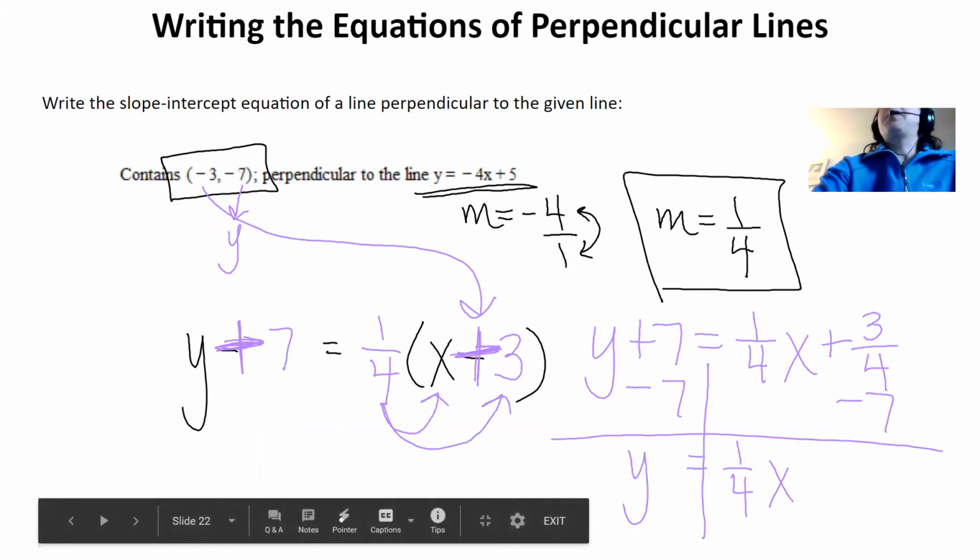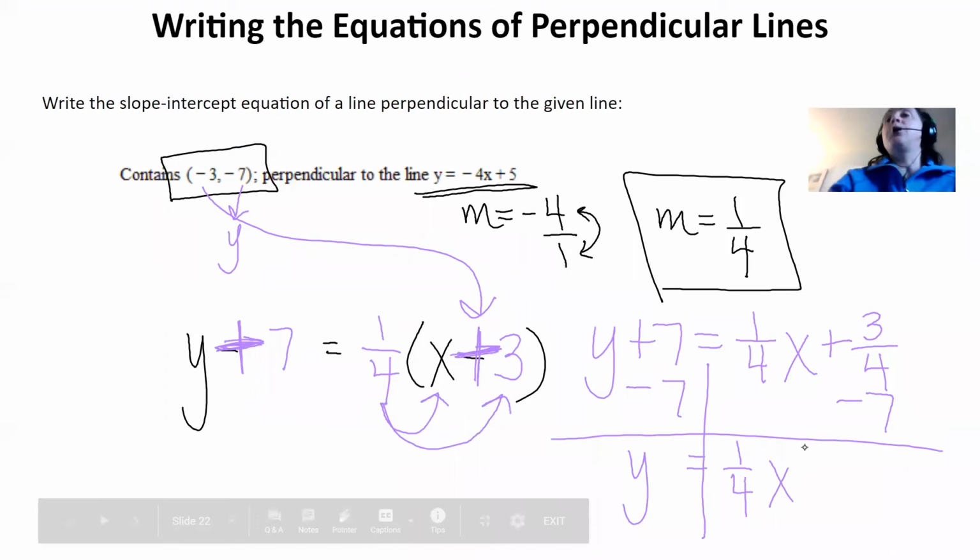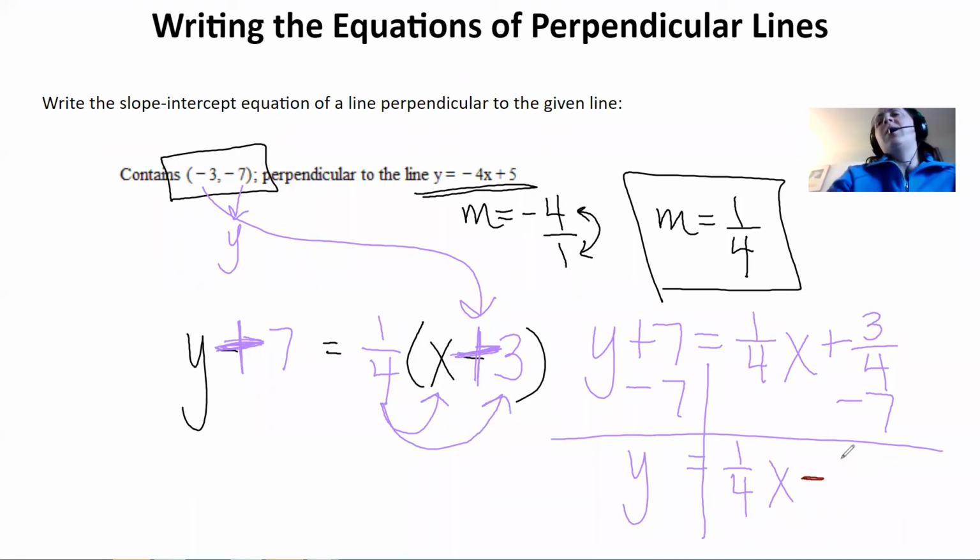Then we would probably make it like a mixed number because it's just really tricky to graph that. So -25/4, or I think that is -6 1/4. I think, yeah. So that is what we would do. So the equation of the line perpendicular to that original line is right here.